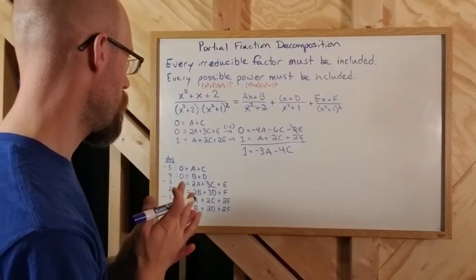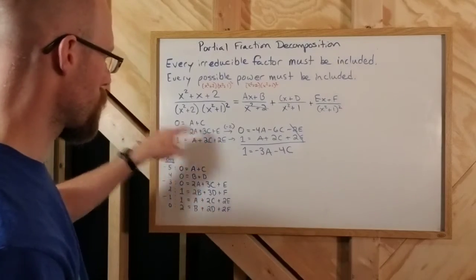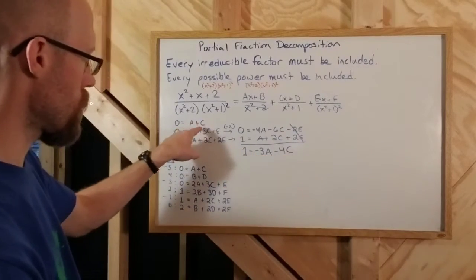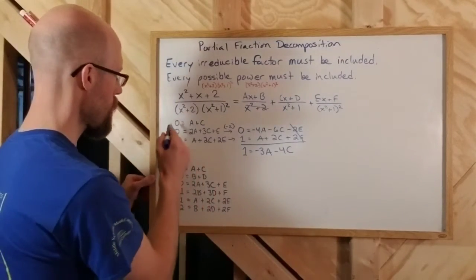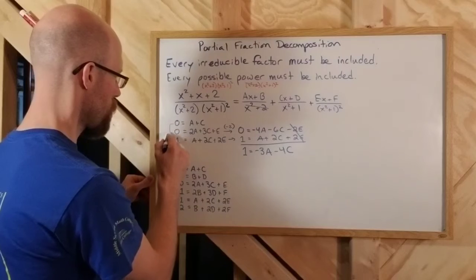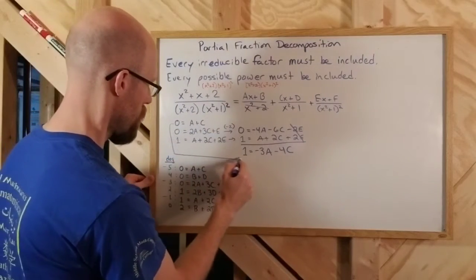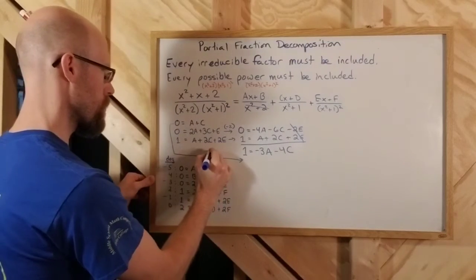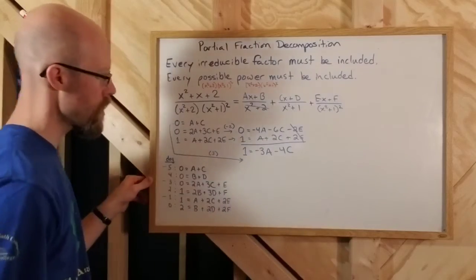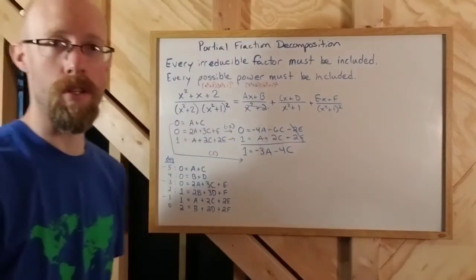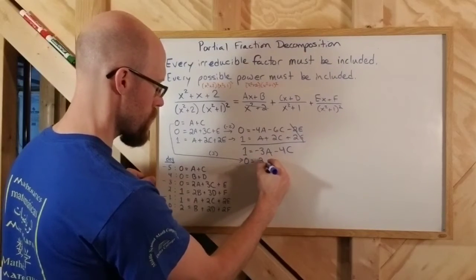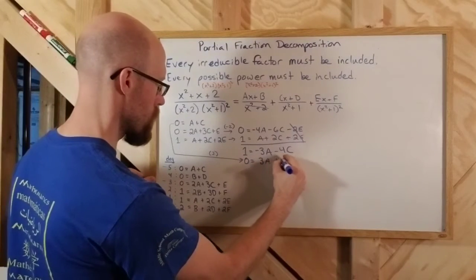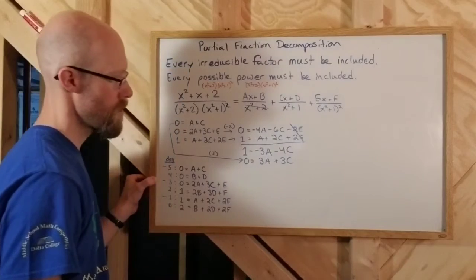Then I'm actually going to take, so now I have an a and a c, here I have an a and a c. So to eliminate a variable, let's say I want to eliminate a, I'm going to take this top equation, move it down, and in doing so I'm going to multiply it by a 3. That way my a coefficients are opposites. So that'll give me 0 equals 3a plus 3c.